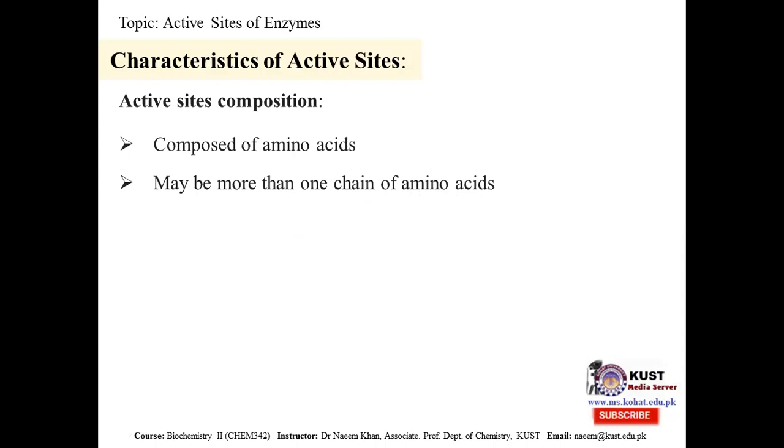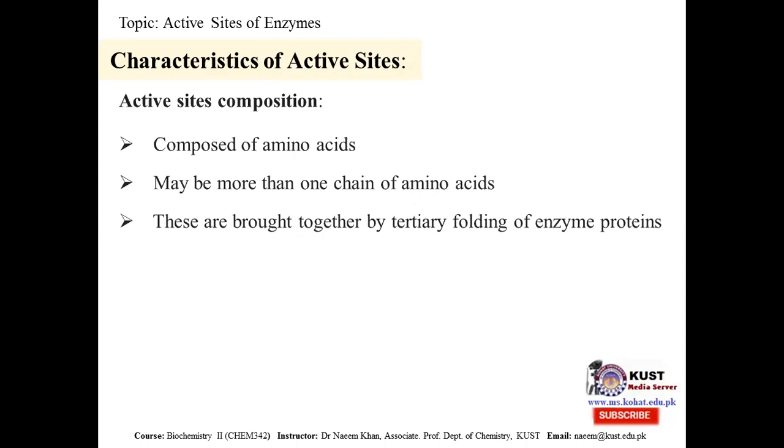They contain chains of amino acids, and maybe more than one chain is brought together and exposed at the active site because of the folding and refolding of the enzyme. They are brought together by the tertiary folding of the enzyme protein. We already explained that protein folding and refolding results in the exposure and bringing together of the catalytic groups of amino acids at the active sites.